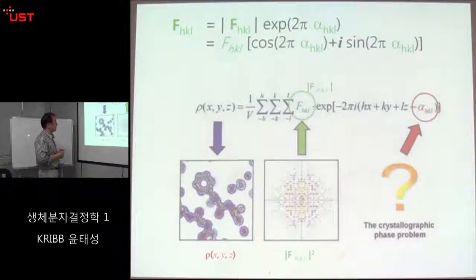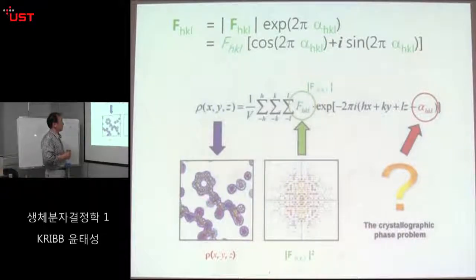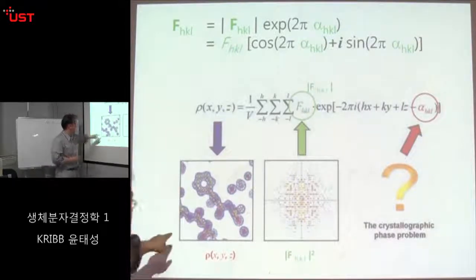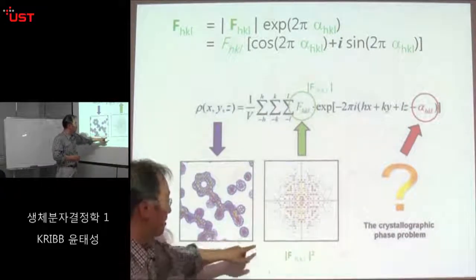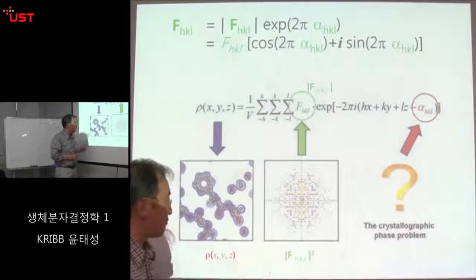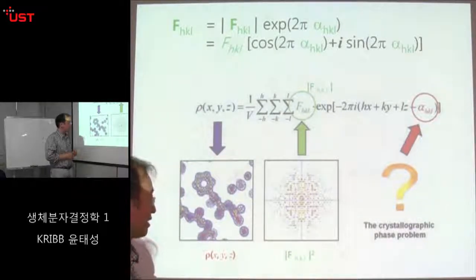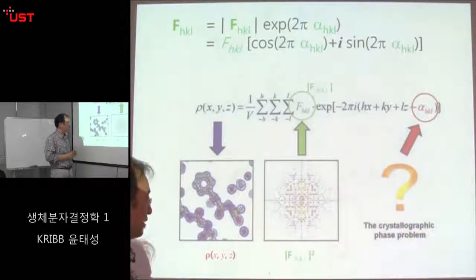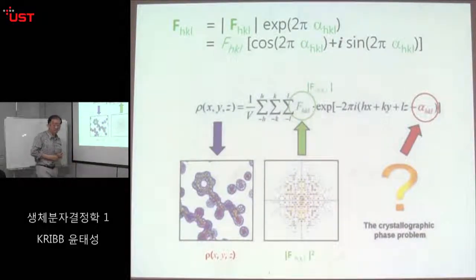FHKL itself is a complex number, but to represent such a number in three-dimensional space, or particularly here, two-dimensional space, we are not dealing with FHKL directly, but with FHKL magnitude squared, or simply intensity.